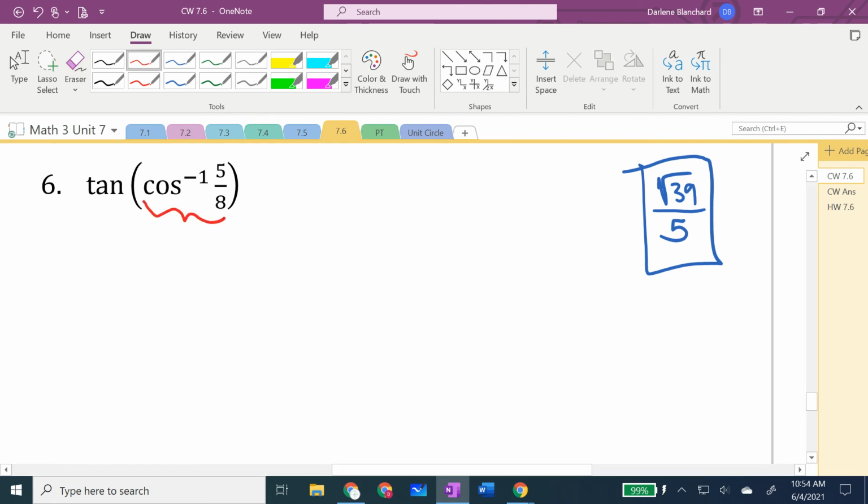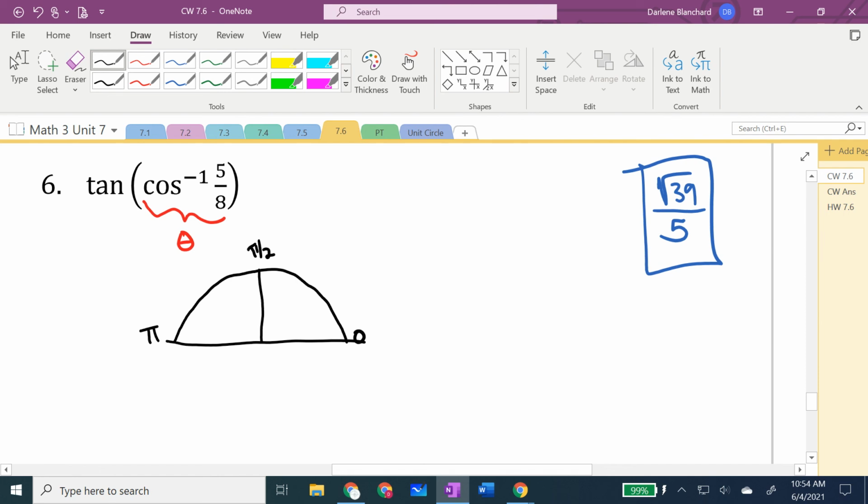You see inverse cosine of 5/8. That is an angle. If you're using inverse cosine, then you know you're only dealing with the top half of a circle, and you're only allowed to use the angles that go between 0 and pi. And I'm just throwing in pi over 2 to just have it there.